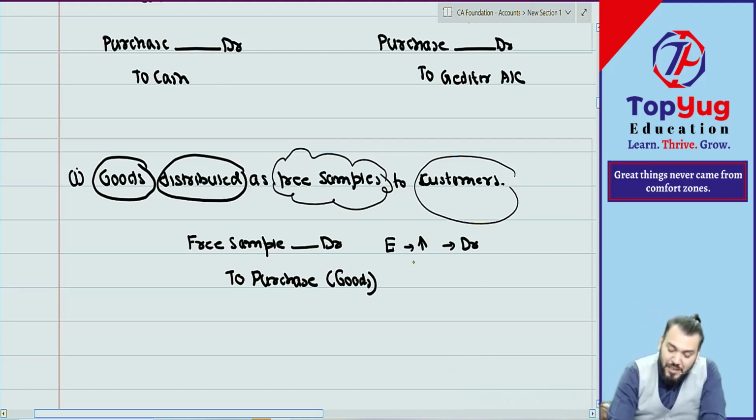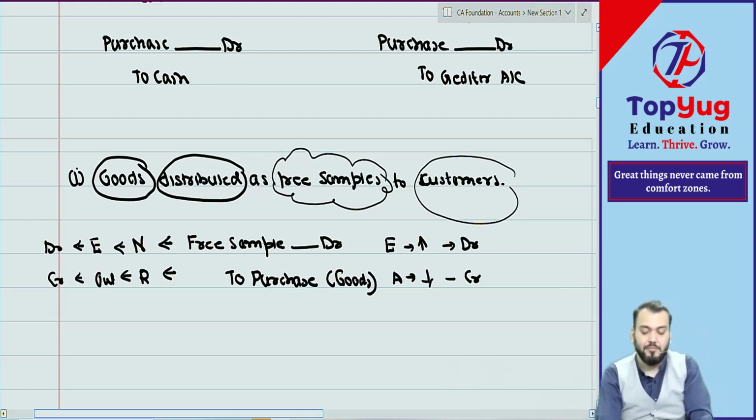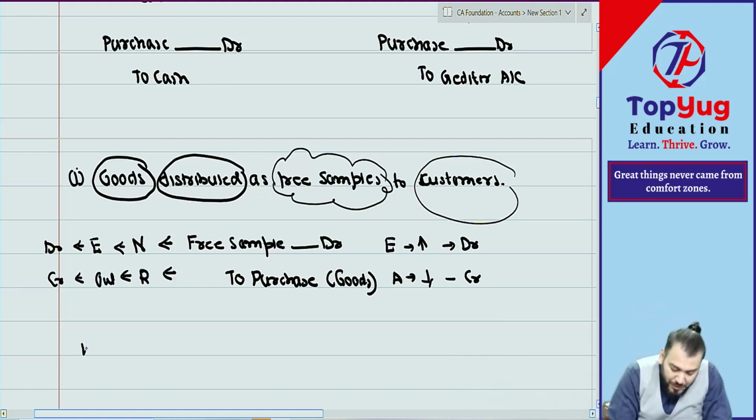Tell me, purchase is what? Asset account. Decrease in asset will be credited. Here also, nominal account, all expenses will be debited. This purchase is a real account and goods are going out, and therefore it will be credited. Understood? Free sample account debit to purchase. Got it? Correct. Now, point number 2.